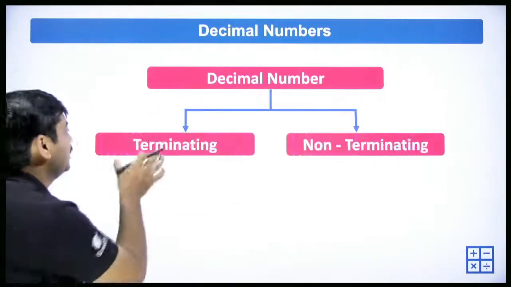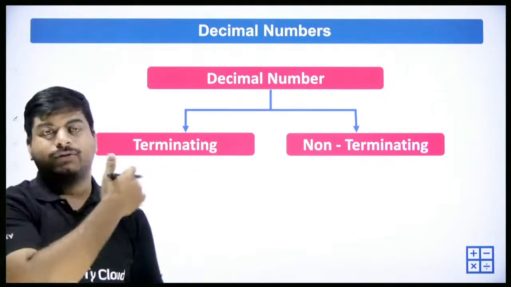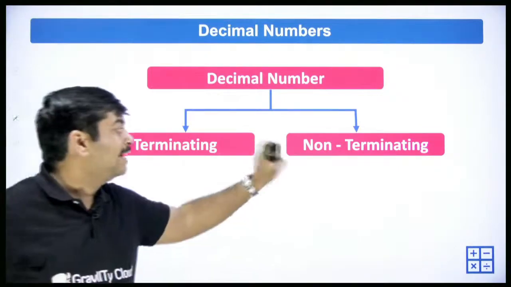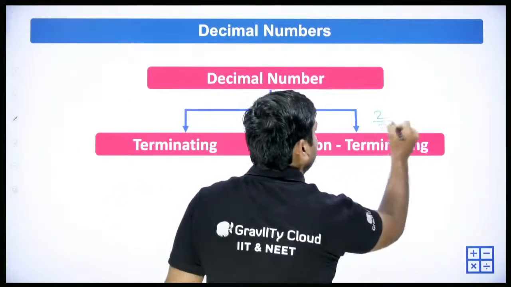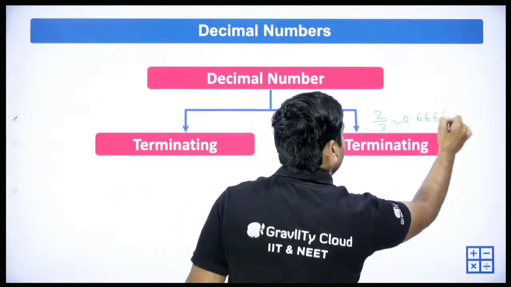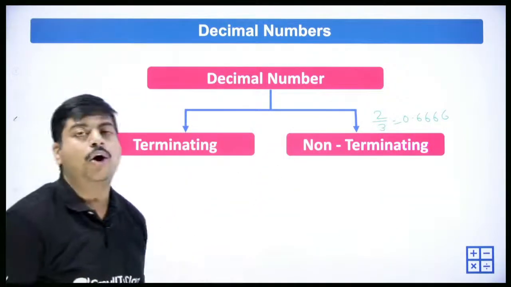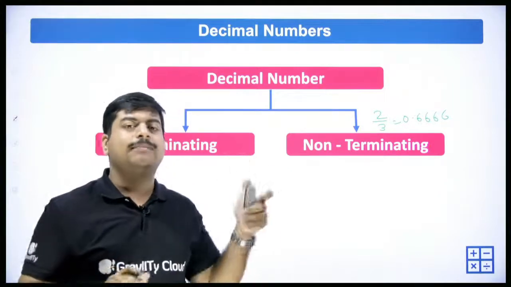One is terminating. Terminating means it is stopping, just like the definition which we just saw. But non-terminating, just like the 2 by 3 value, 0.6666, which goes on forever, is called non-terminating. The word terminate means to stop.